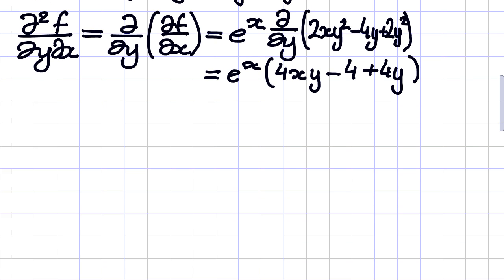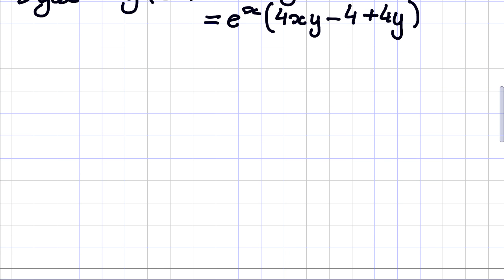So the next thing I need to do is start looking at the y derivatives. So just to remind you, f is e to the x times 2xy squared minus 4y.